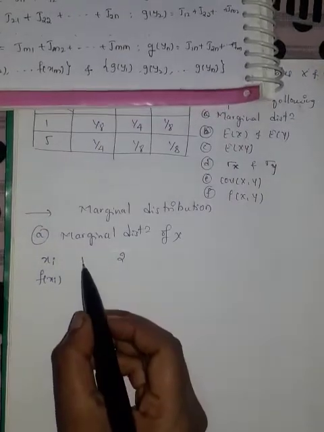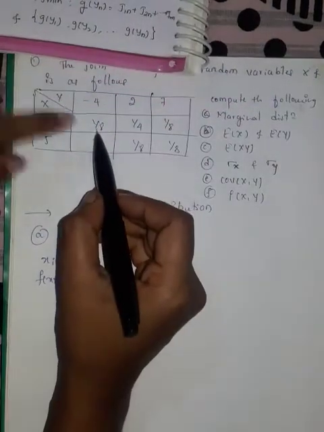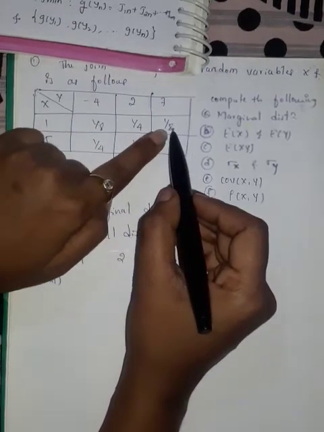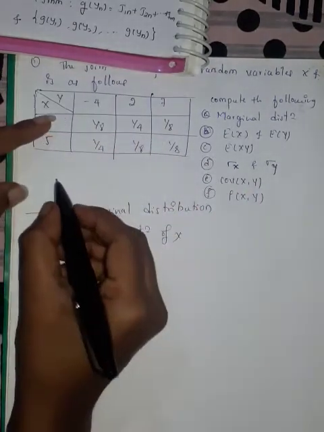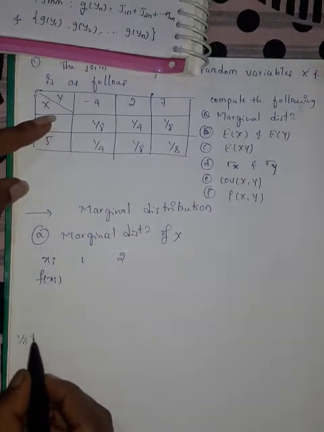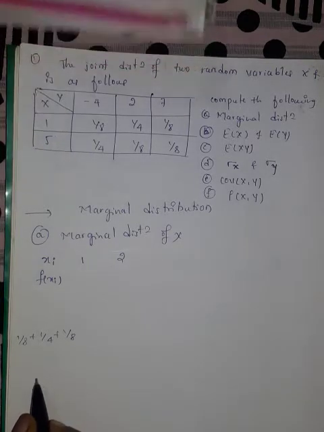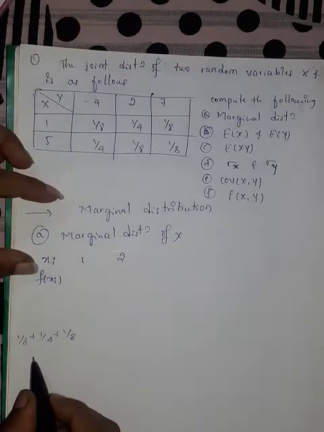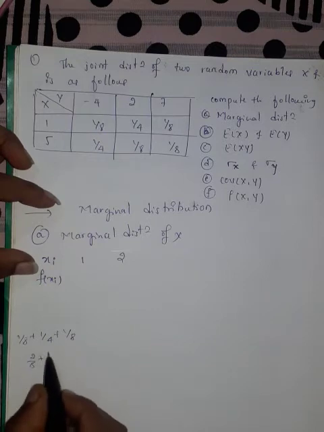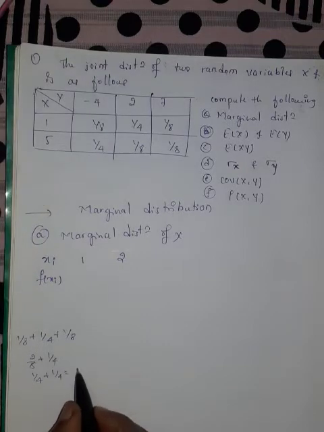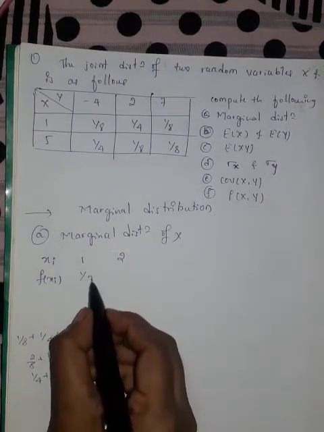In place of j11, what we have in this table is 1 by 8 plus 1 by 4 plus 1 by 8, which is 2 by 8 plus 1 by 4, that is 1 by 4 plus 1 by 4, which is 2 by 4, which is 1 by 2.